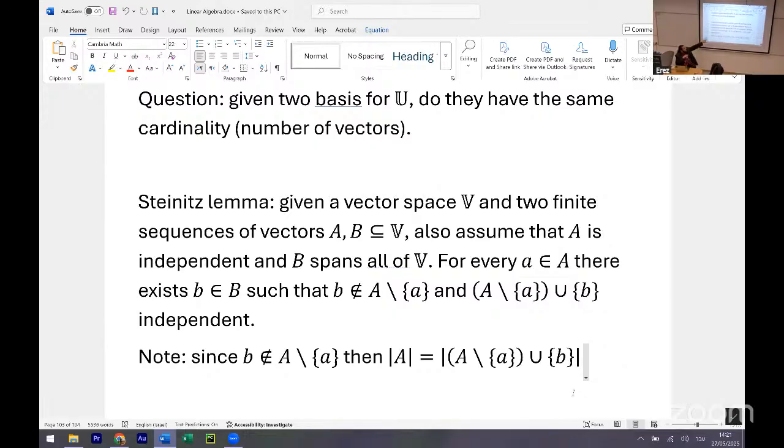And what's more, it remains independent. Well, that makes sense, no? Yes, because V spans V. Exactly, I agree. B spans everything, everything is within B, so everyone has a replacement. Everyone can be replaced. That's exactly what it means.